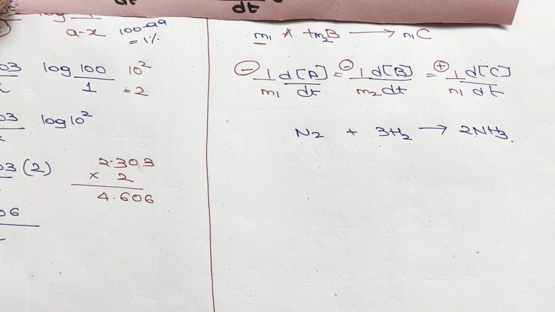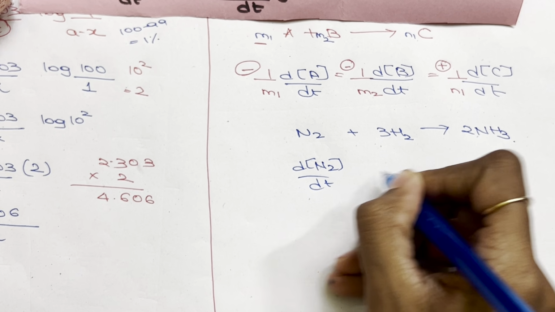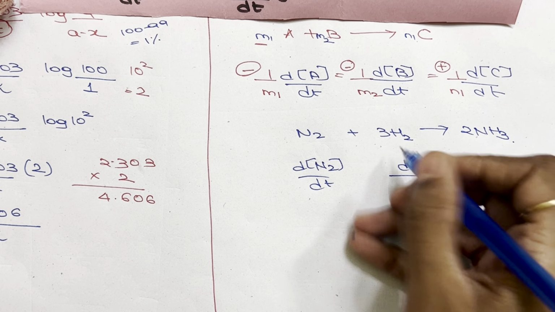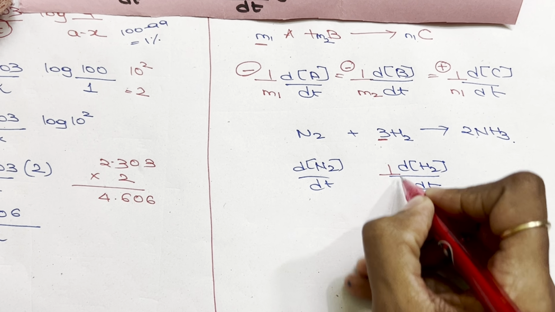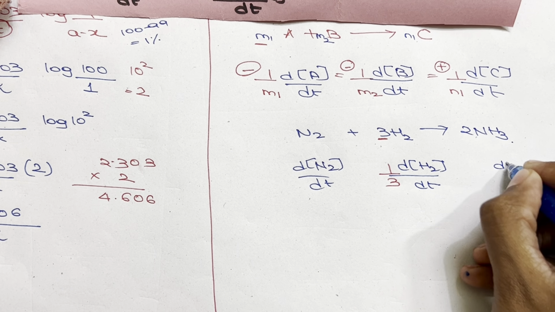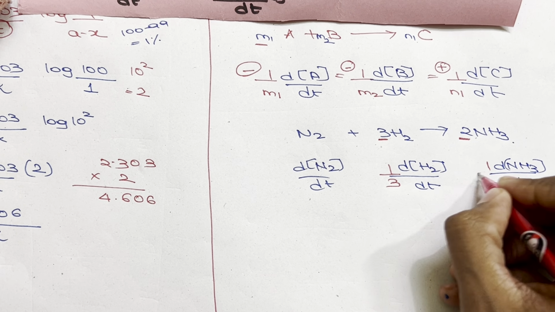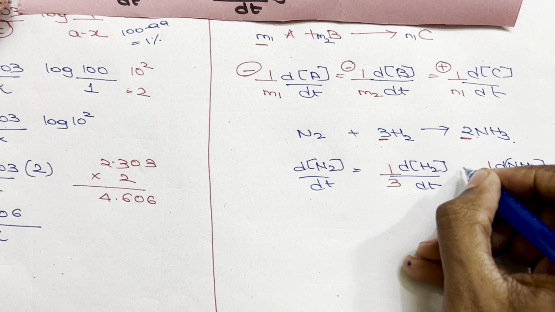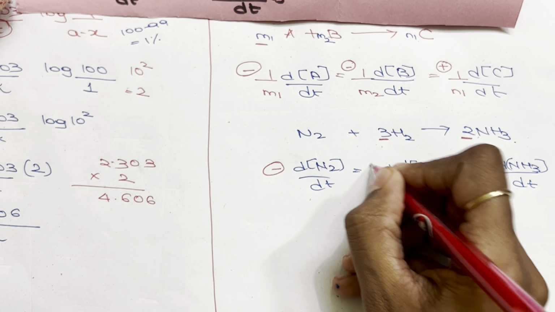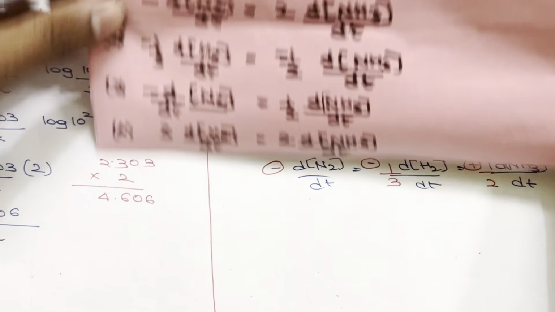So we'll write d of N2 with respect to time, d of H2 with respect to time, where the 3 will come as 1 by 3, and then d of NH3 with respect to time with 1 by 2. As I said, the reactants are decreasing with respect to time, so we'll put minus, and this is positive.